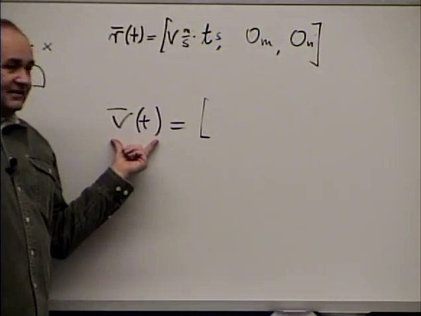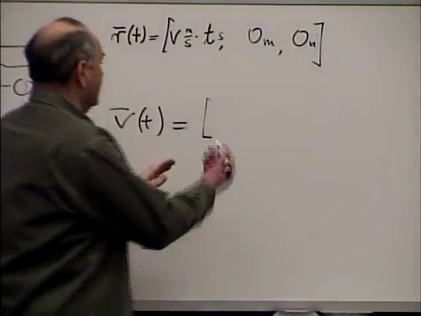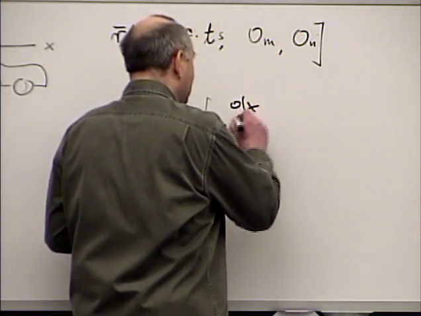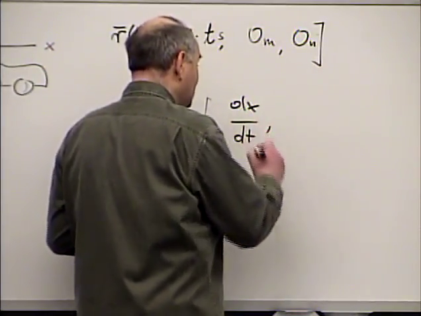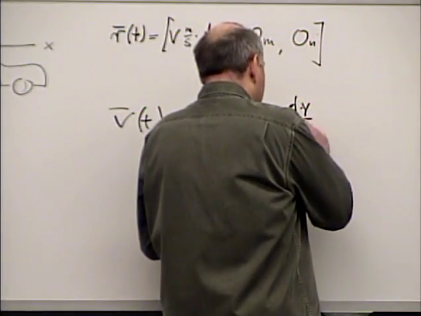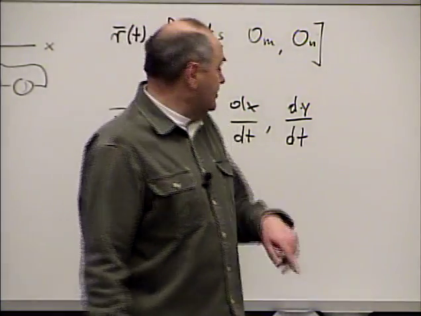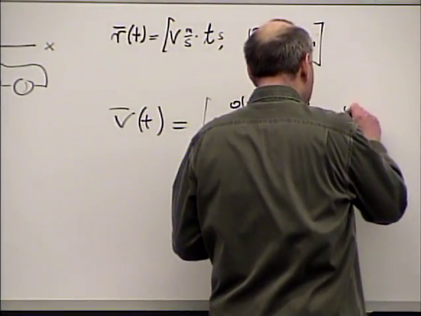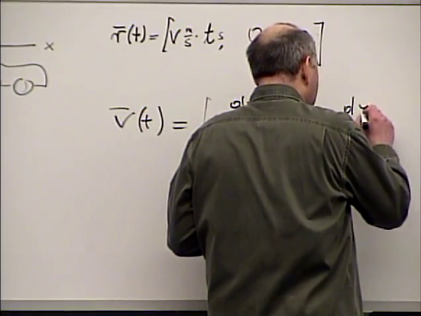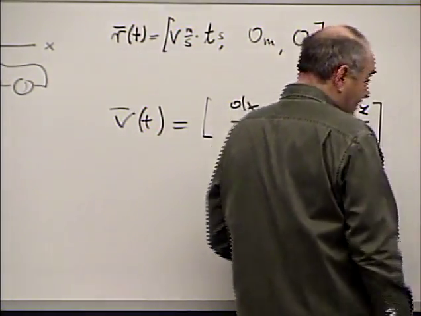So when I calculate the derivative of position, the first component is going to be the derivative of the x component of position. The second component is going to be the derivative of the second component of position, and the third component of velocity is going to be the derivative of the third component of position.